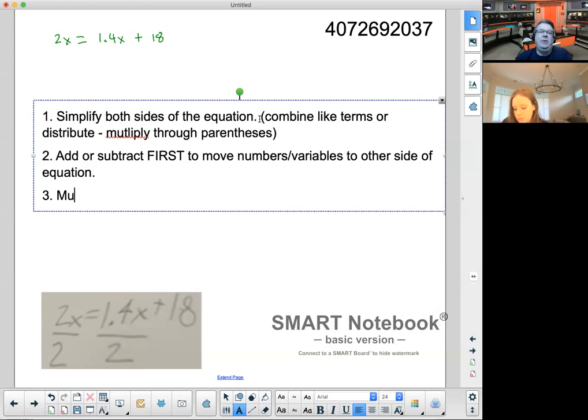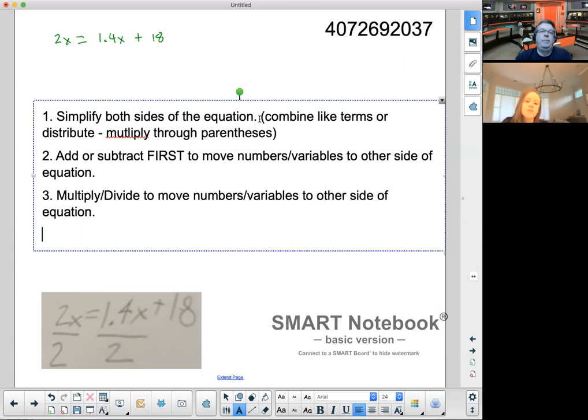It's like the order of operations. Multiply or divide depending to move numbers, variables to other side of equation. And then simplify as needed.